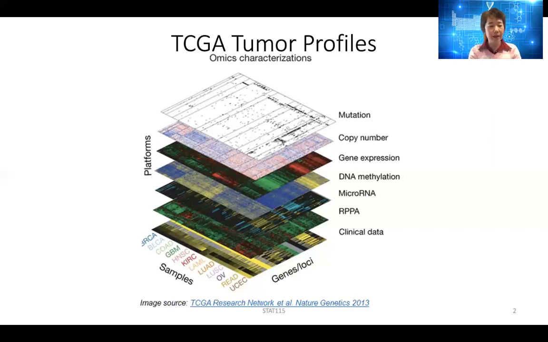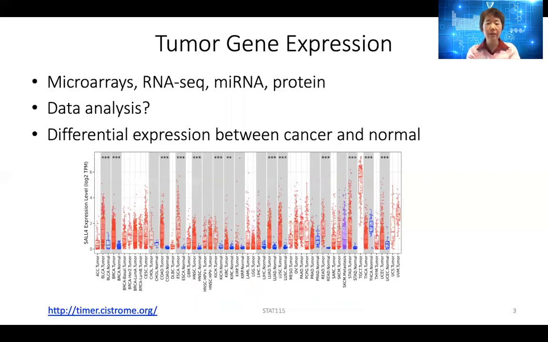By this time, the TCGA project has already finished, and there are 33 different tumor types and close to about 11,000 tumors that are profiled. And today we're going to talk about, in addition to the mutation calls, what other interesting things you can look at in terms of these tumor profiles.